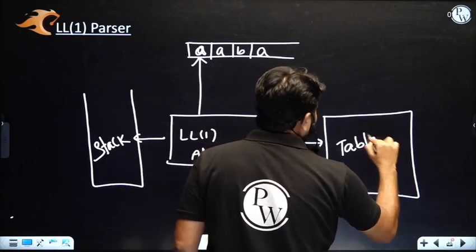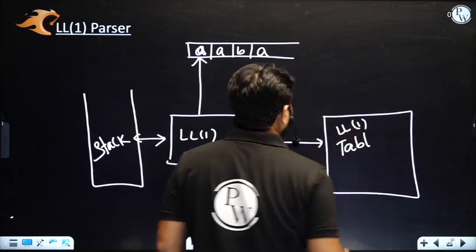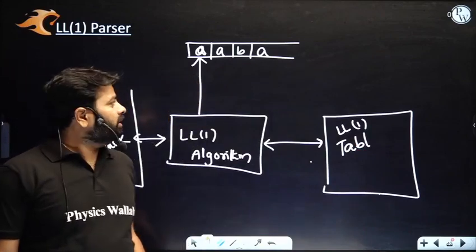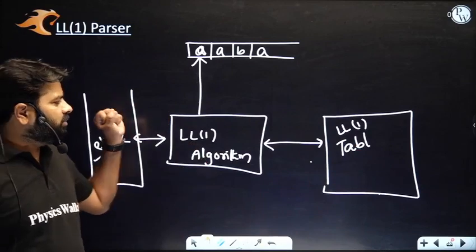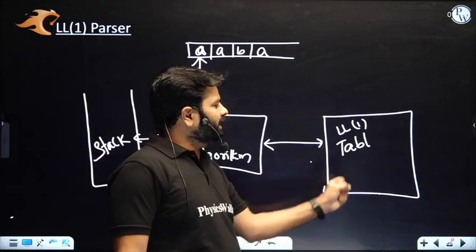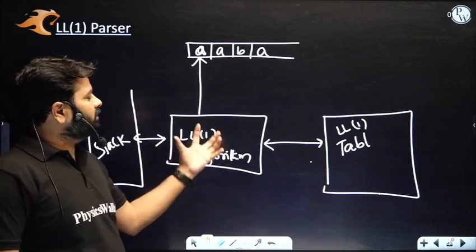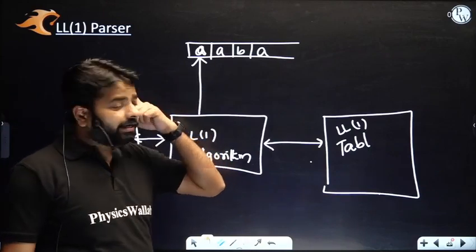You may call it the LL1 parsing table. This is the overall LL1 configuration, the parser configuration. You build a table, and use the algorithm to understand whether the given input is syntactically correct or not.